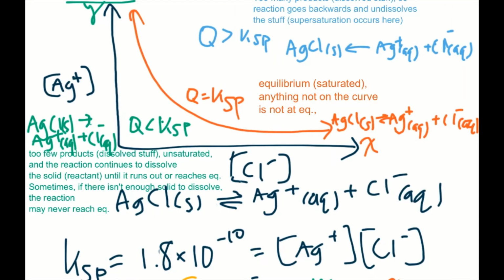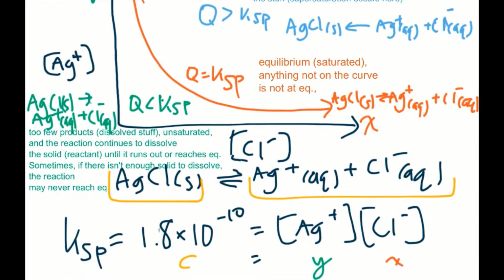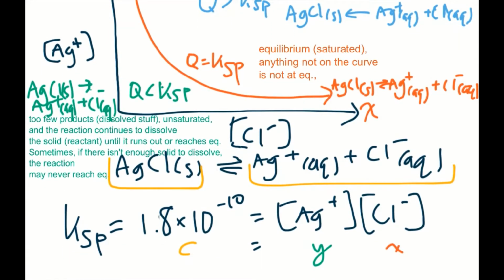Now before we look at the graph, let's take a look at the dissociation of silver chloride into its ions. So it's turning from solid to aqueous, and thus we can find a Ksp. So the Ksp of silver chloride is actually 1.8 times 10 to the negative 10.